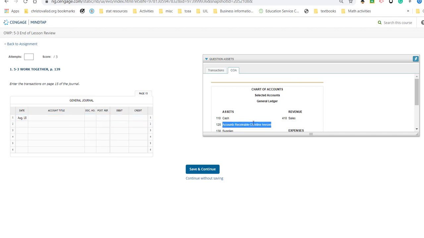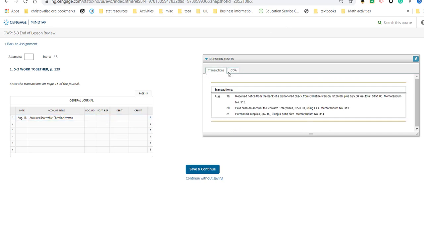And the amount was the 126 plus 25, or 151. Our credit account was cash, and it was the same amount. Our document number was memo 312. That's where we have evidence for this transaction.